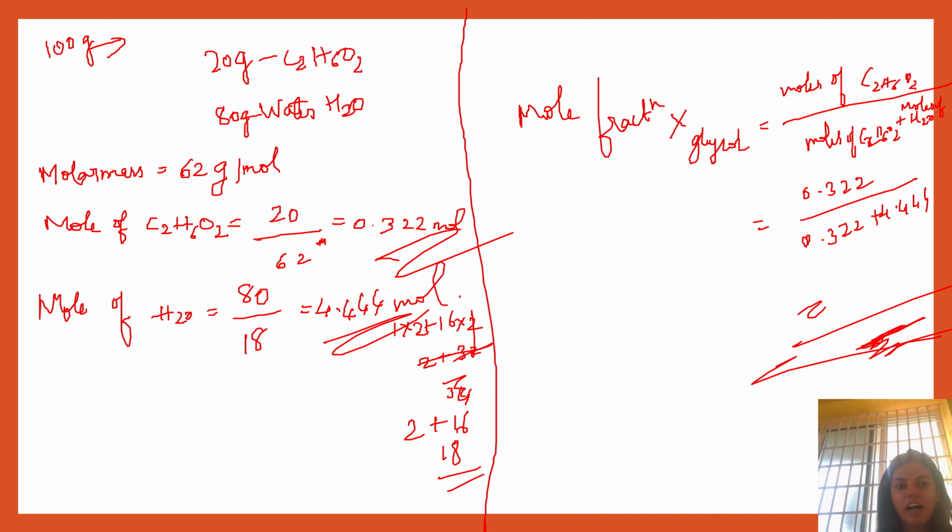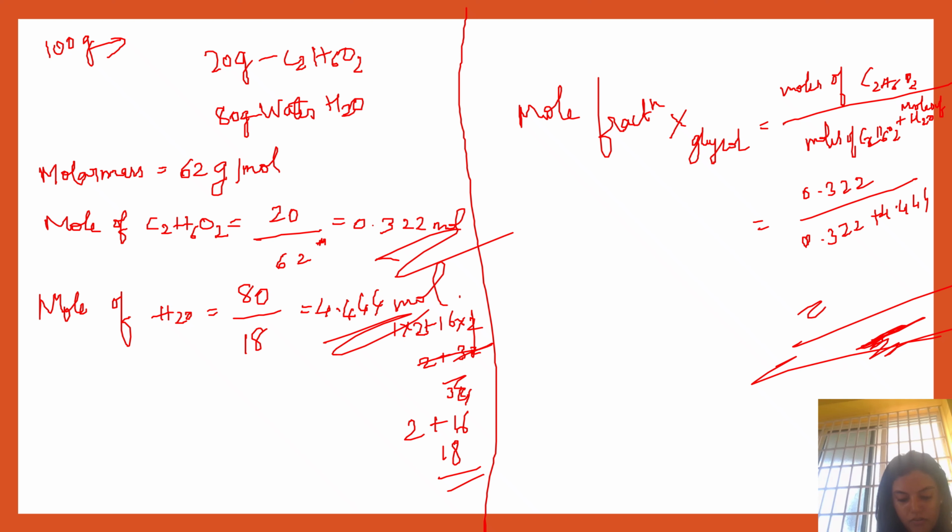The question says: calculate the mole fraction of ethylene glycol, C2H6O2, in a solution containing 20% of C2H6O2 by mass. So we have to find the mole fraction.